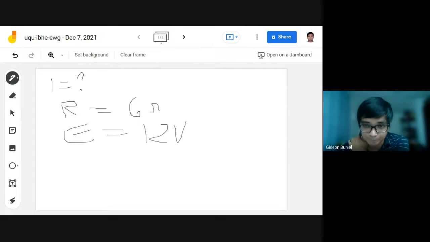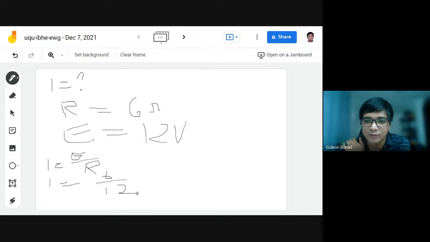Since we have this given, we use the formula I is equal to E over R, right? So I is equal to 12 over 6.